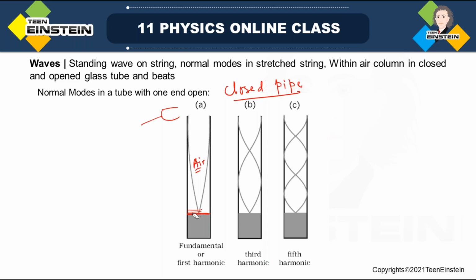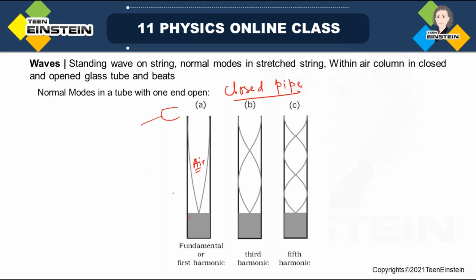In that case, at these places the change in pressure will be the maximum, and hence there will be nodes produced at this closed end.